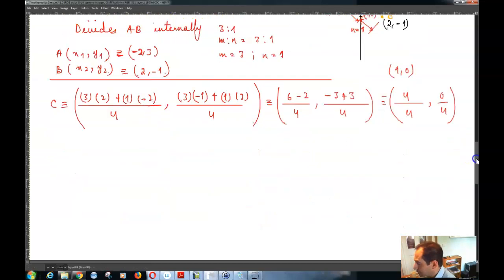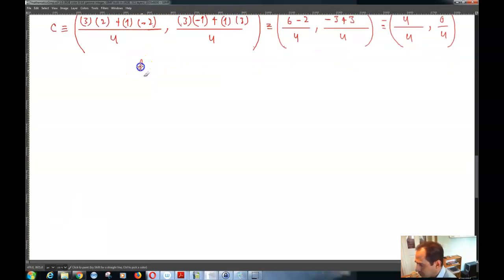It's different when you have a line segment AB.